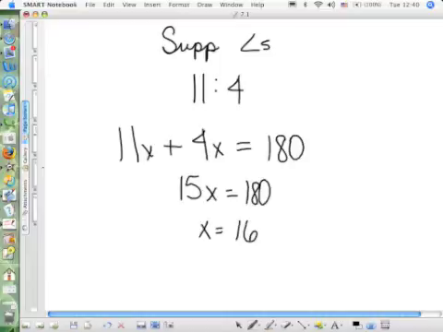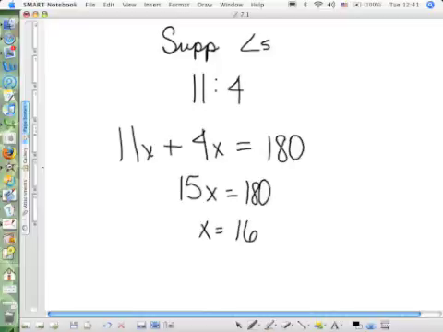Yes, Nick. I'm a little confused. How do we know when to solve that? Because the question is, you have supplementary angles in a ratio of 11 to 4. Find the measure of those 2 angles. Okay?